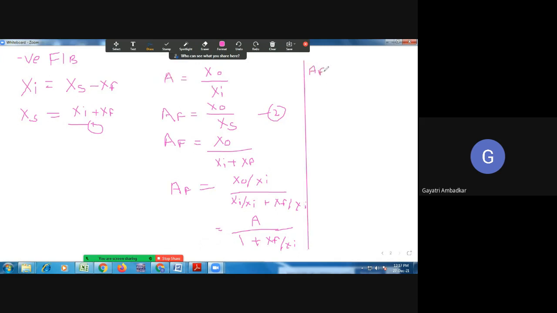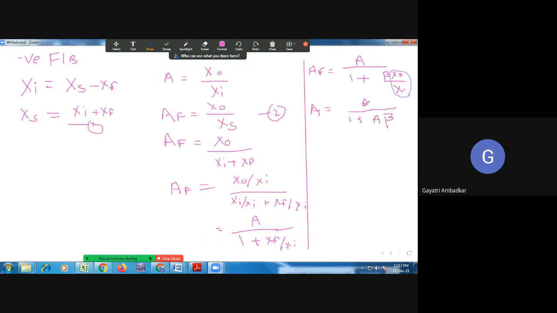So your feedback gain is equal to A upon 1 plus, instead of xf I'll write beta times xo divided by xi will remain same. Again this xo by xi is nothing but A upon 1 plus this ratio is nothing but A. So I'll write this as A into beta.